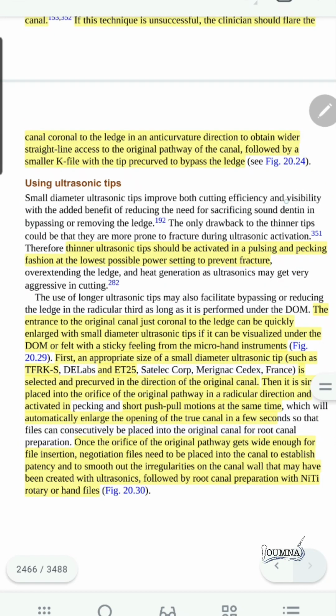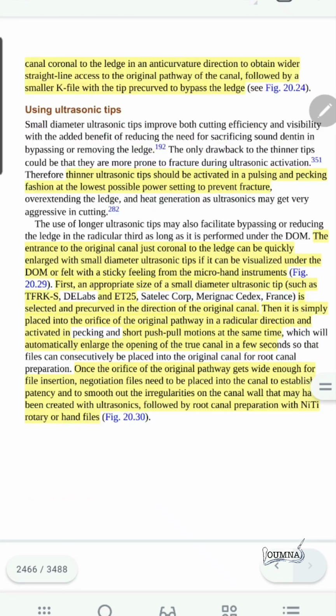Now let's talk about bypassing the ledge using an ultrasonic tip. We use a thinner ultrasonic tip to enlarge the coronal portion of the original canal by pre-curving the tip in the direction of the original canal.